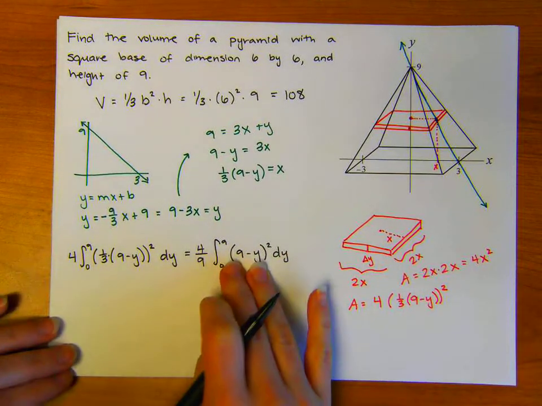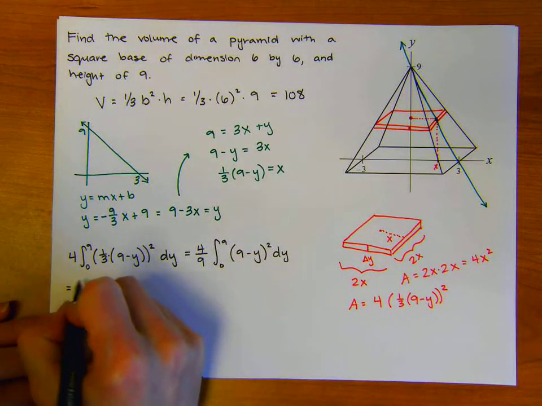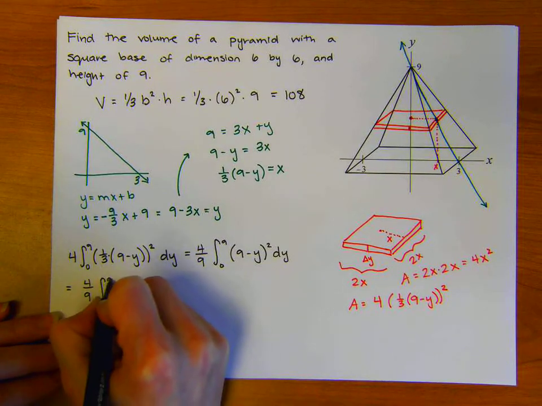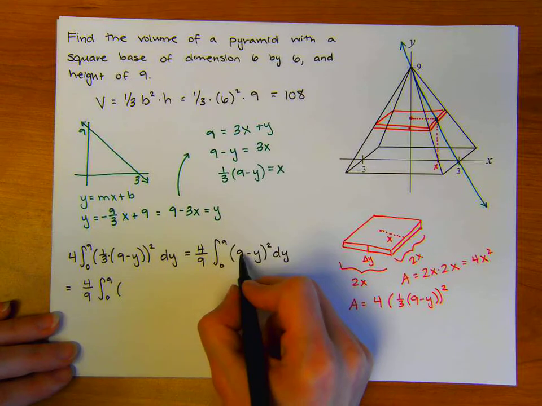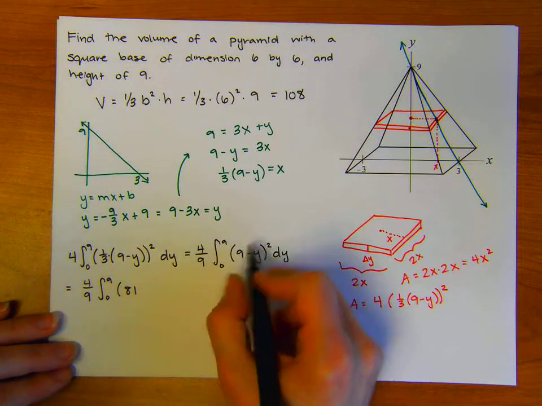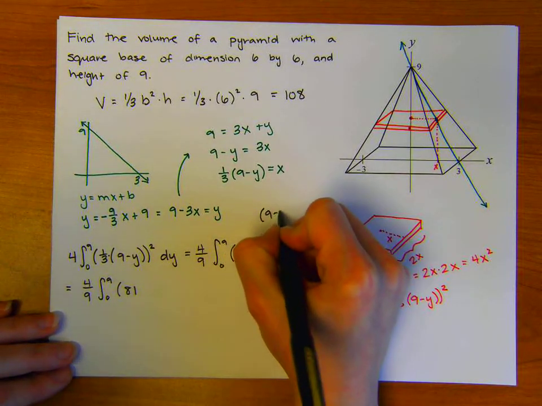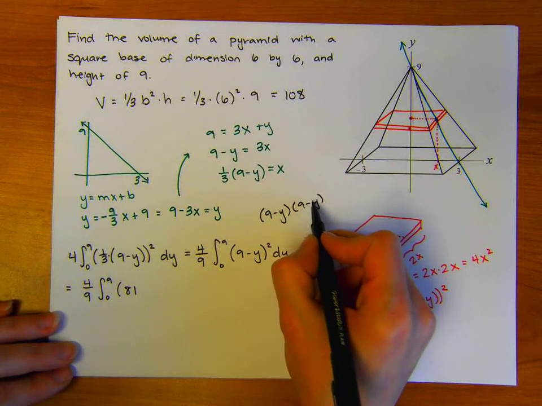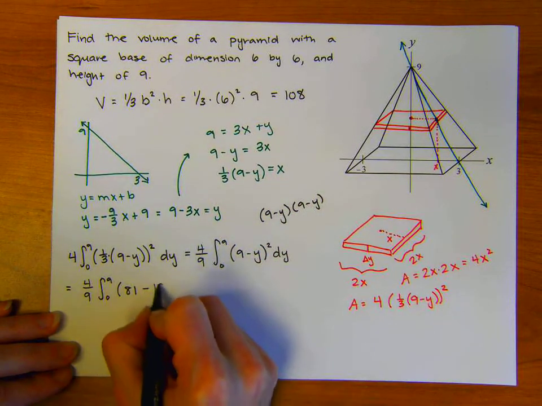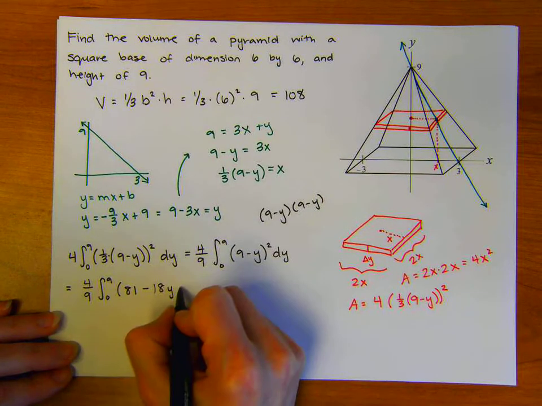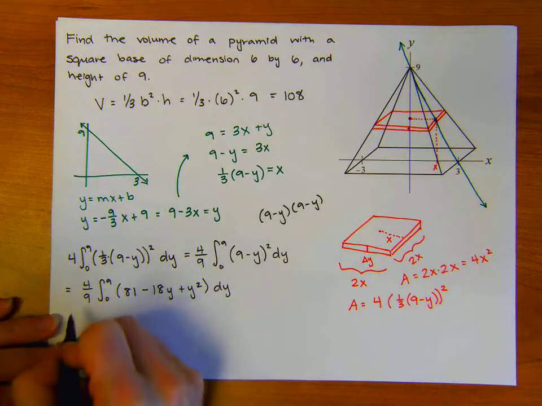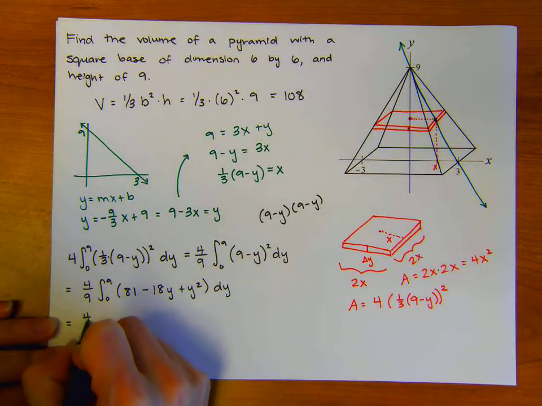Now you could use u substitution here, but I'm just going to expand it out, because I think that's how most people would end up doing it. So I would have 81, thinking about taking 9 minus y times 9 minus y. I'd have a minus 9y and a minus 9y, so minus 18y, plus a y squared. Just foiling that out. Okay, so then we get 4/9.